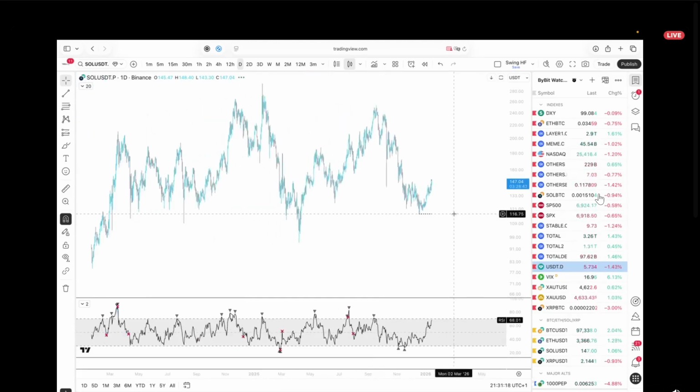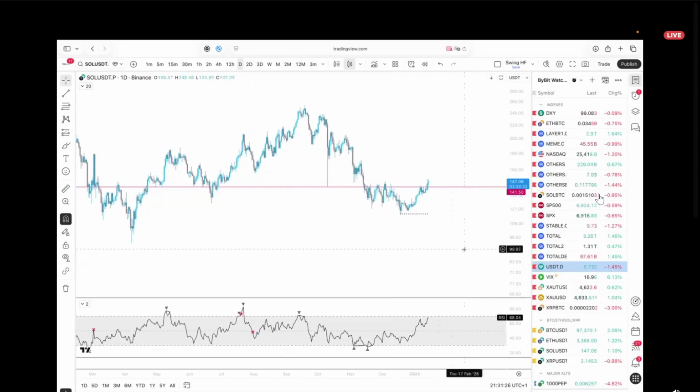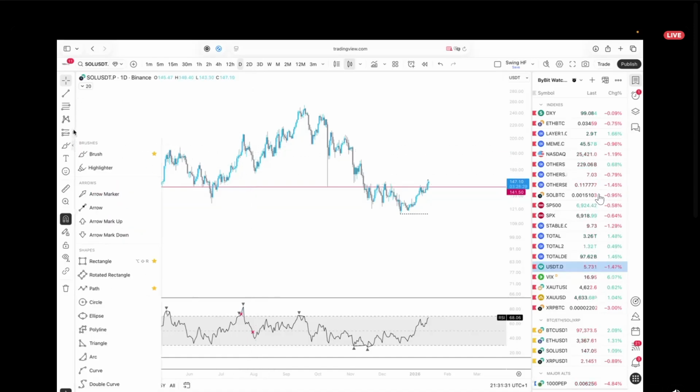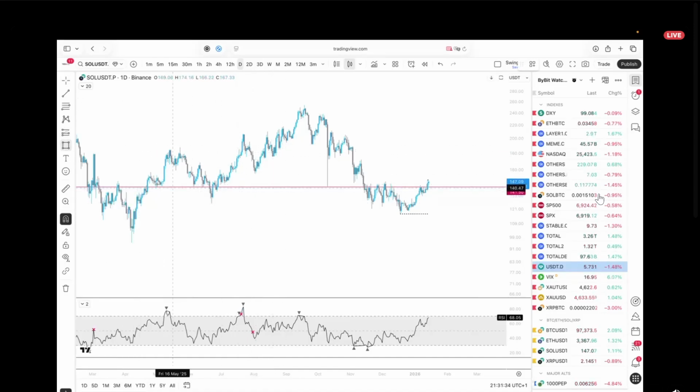Solana has a big potential. Look, guys, I just marked you one level. If this box flips, we could have a great time for Solana.